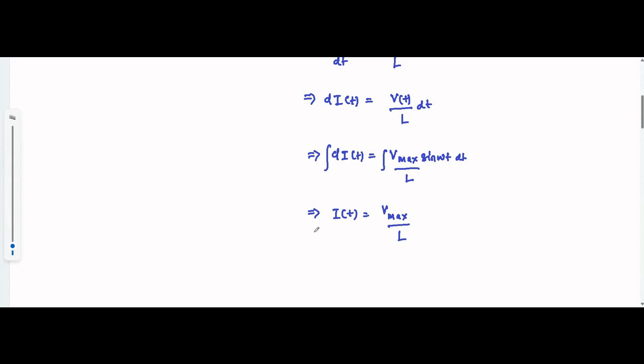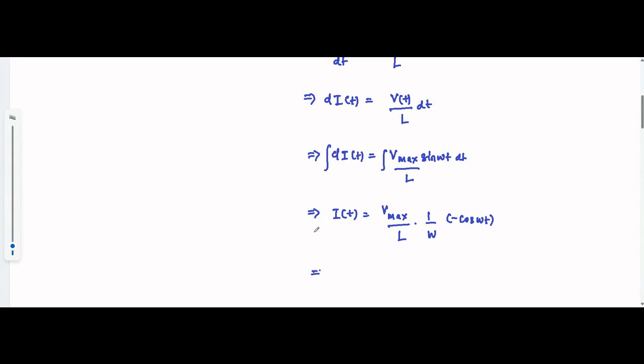Vmax by L will go outside the integration because it is a constant. The integration of sine omega t will be 1 by omega times minus cos omega t. Omega behaves as a constant because we are integrating with respect to t. So 1 by omega, integration of sine is minus cos.